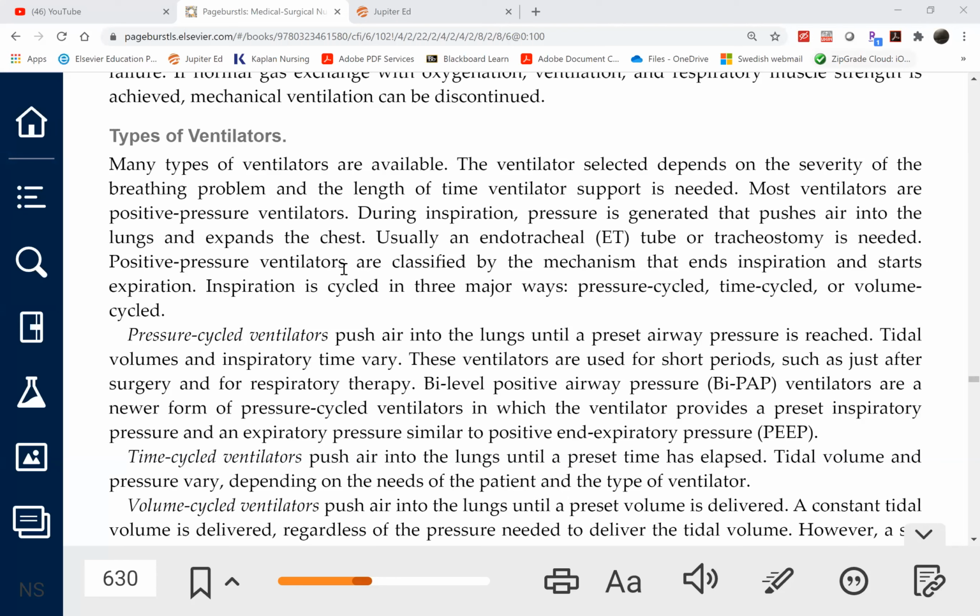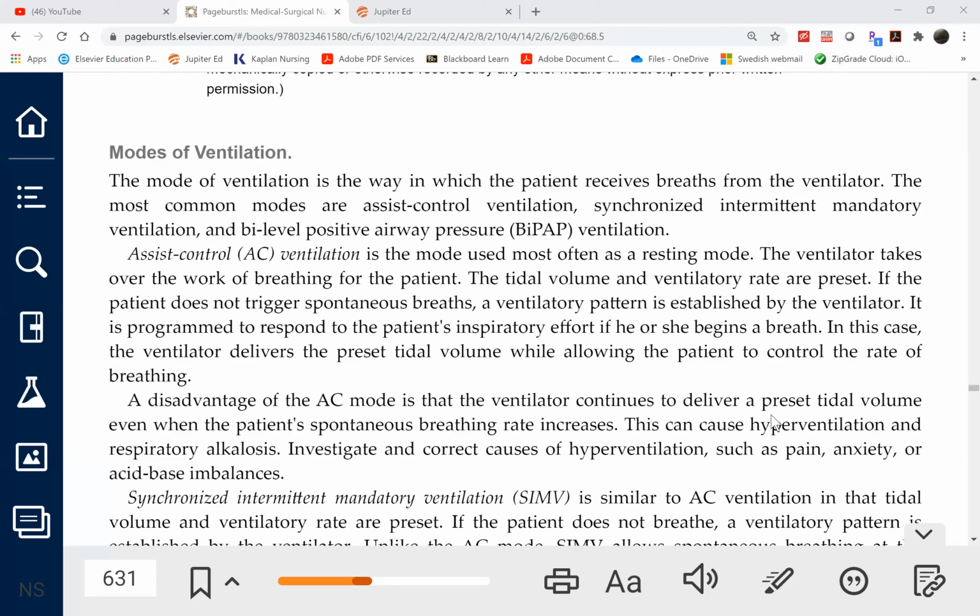Now, you have to remember that ventilators are going to either support or take over the patient's work of breathing. So it is all about who does most of the work of breathing.